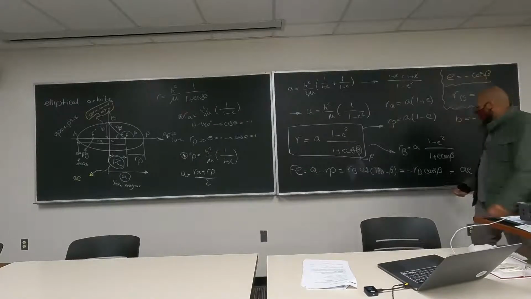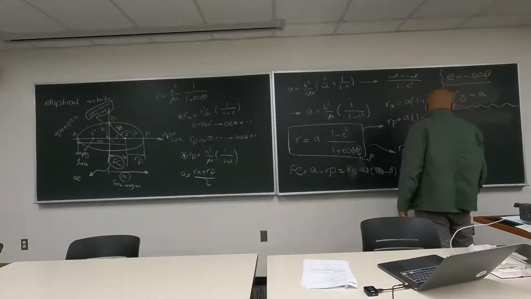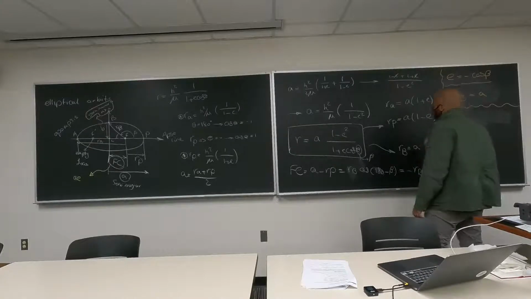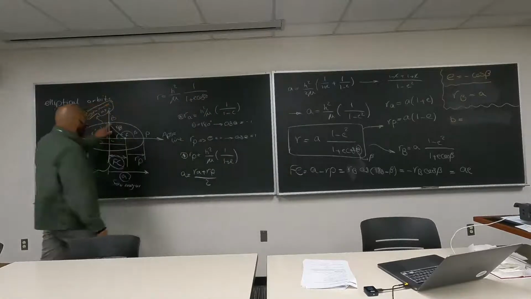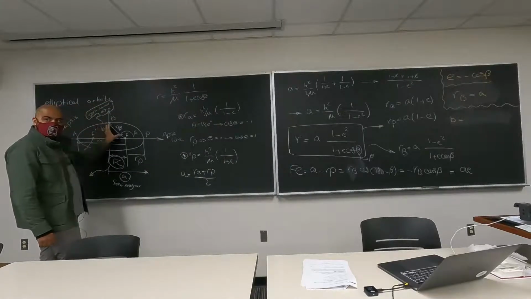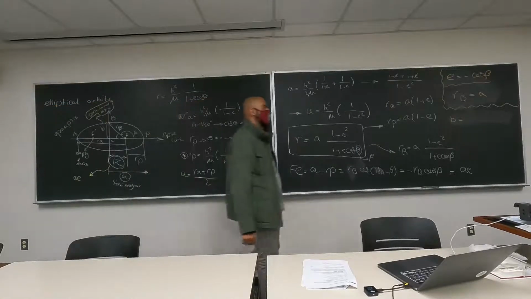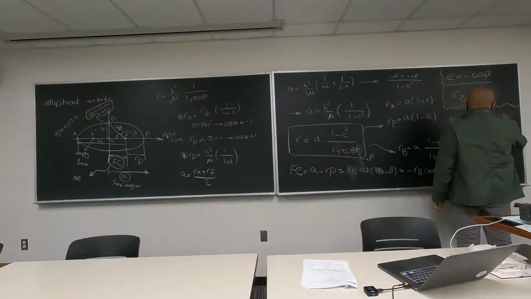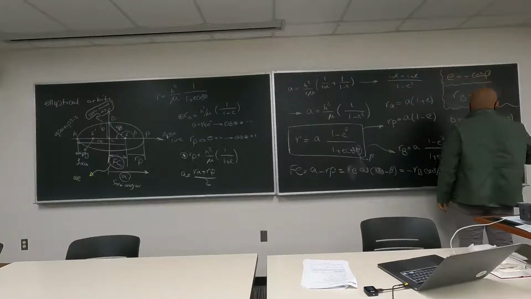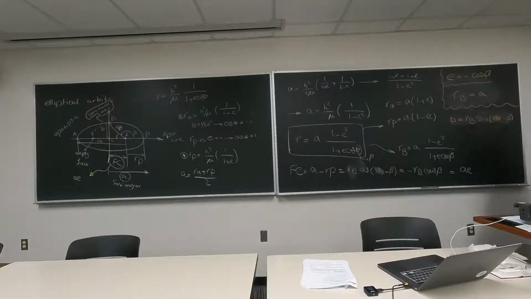So what Igor is telling us is that B is actually equal to RB, the projection of RB on the minor axis, the center line, right? Which is going to be RB sine of pi minus, or 180 minus beta. What is the sine of 180 minus beta?